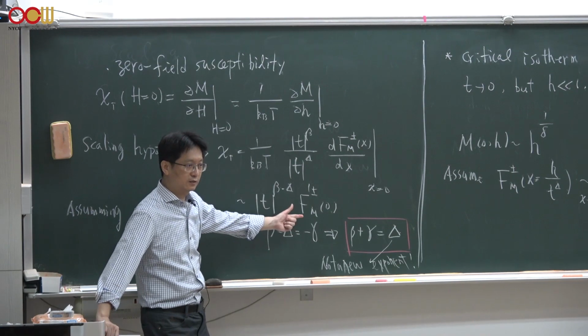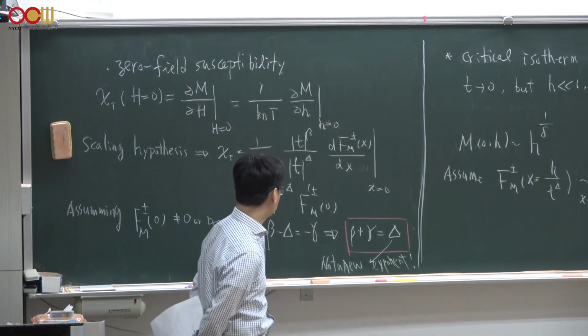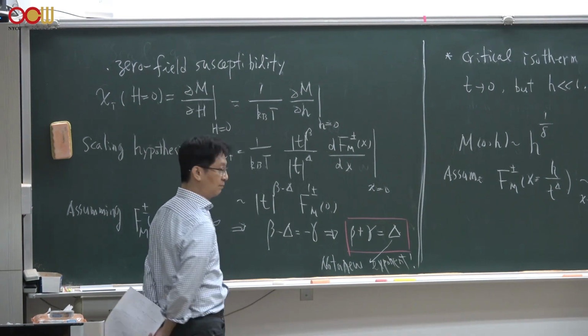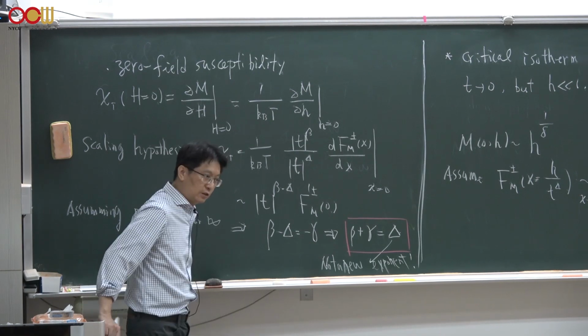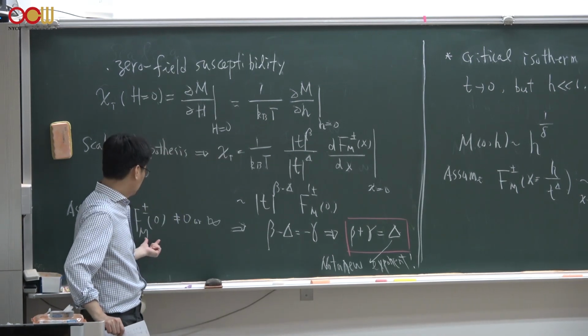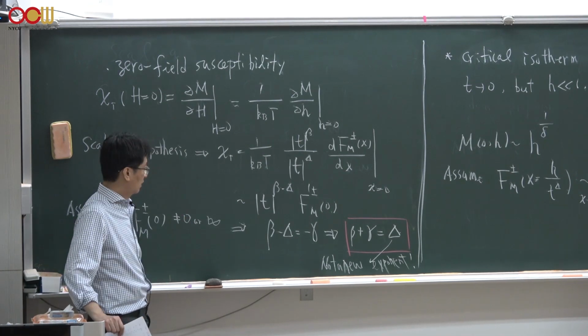So now let's further assume that this derivative of the capital F, for both plus and minus side of the transition, evaluated at x equals 0, is well behaved, meaning it's not 0 or infinity, it's just some finite value.